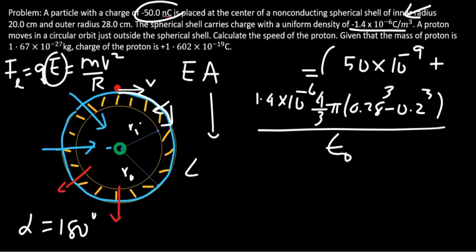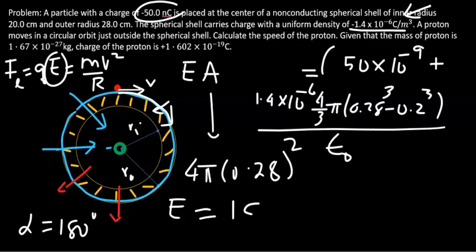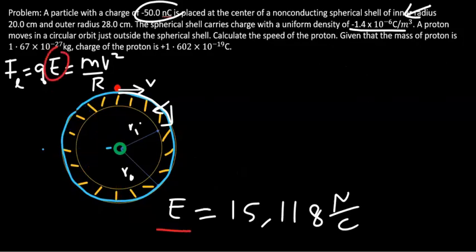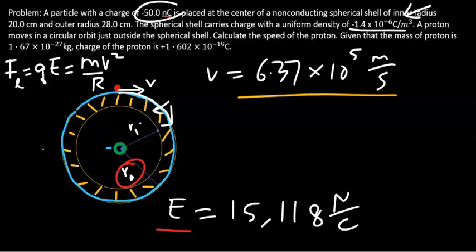A is just 4 pi 0.28 squared. And E can be solved to be 15,118 newton per coulomb. Substituting this E in here and using the charge of the proton and mass of the proton given in the problem, we can determine v. r is the outer radius, and v is 6.37 times 10 to the power 5 meter per second.